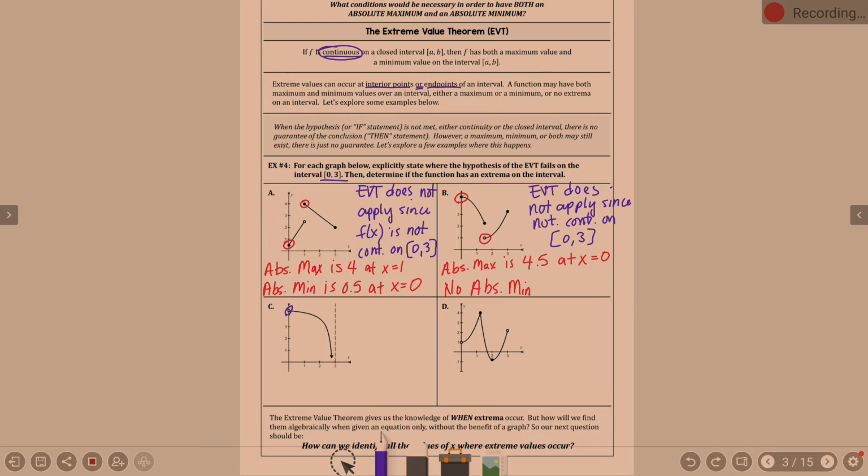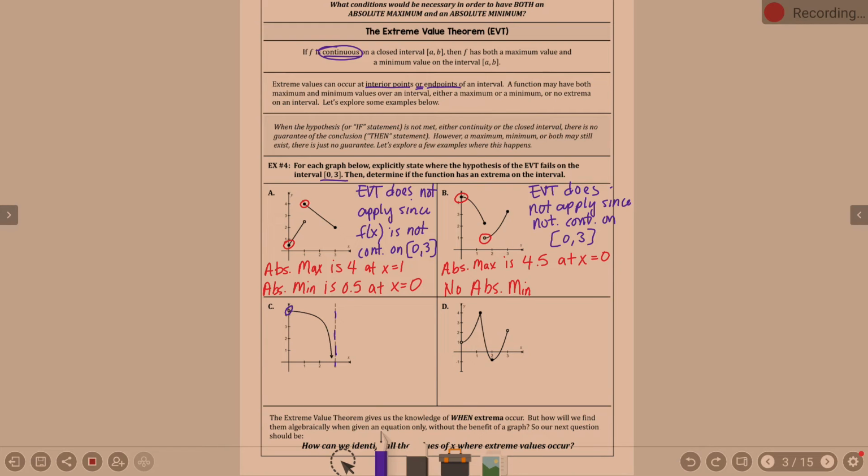And is the other endpoint included? This other endpoint is a vertical asymptote. So we could talk about it being continuous on 0 to 3, the open interval, but not on the closed interval. Because the idea of the extreme value theorem is that we have to include the endpoints as well, and you can't include endpoints if they're not included. Is that making sense?